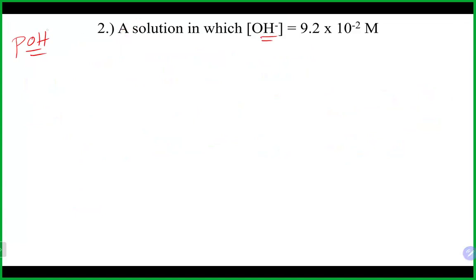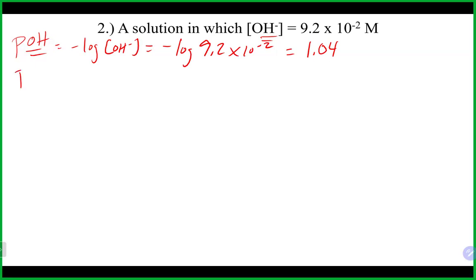So the pOH here is the negative log of the OH minus, the log of 9.2 times 10 to the minus 2, and that looks like 1.04. Once again, probably the easiest thing at this point is to get the pH. That would be 14 minus the pOH, and that would be 14 minus 1.04.